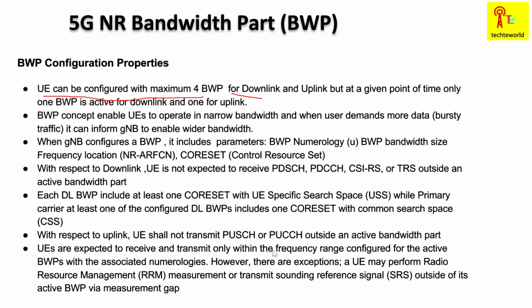The UE is expected to transmit and receive only within the certain frequency range configured for the active bandwidth part with the associated numerology. However, there can be some exceptions, where the UE may perform radio resource management or transmit some SRS signals outside the active bandwidth part. But usually the UE is expected to receive and transmit only within the certain frequency range.